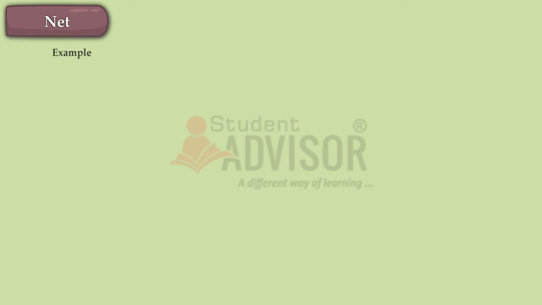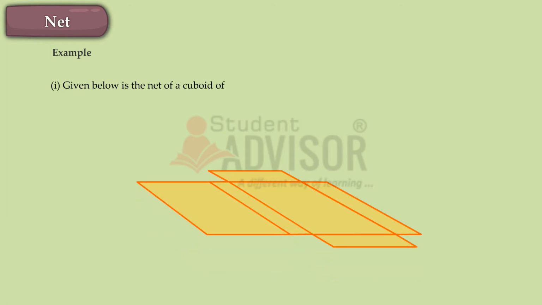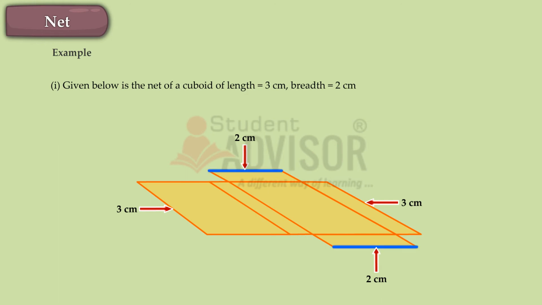Study the given examples. Given below is the net of a cuboid of length equal to 3 cm, breadth equal to 2 cm, and height equal to 1 cm.